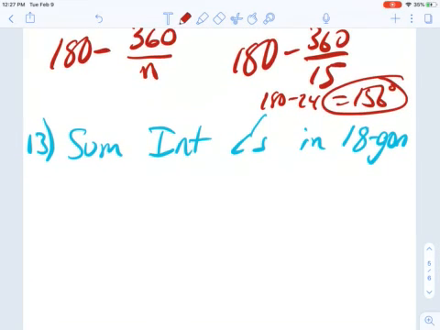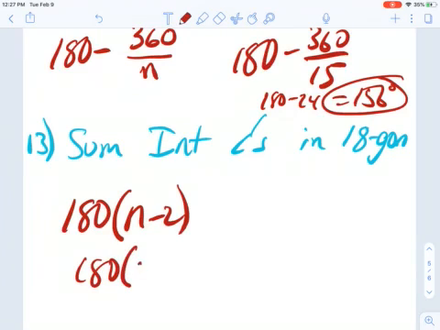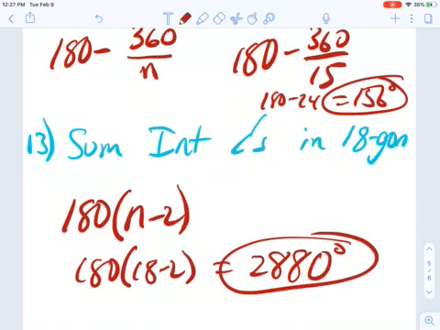The sum of the interior angles in an 18-gon, I'm going to do 180 times n minus 2, so it's 180 times 18 minus 2. So I do 16 times 180, I get 2,880 degrees.